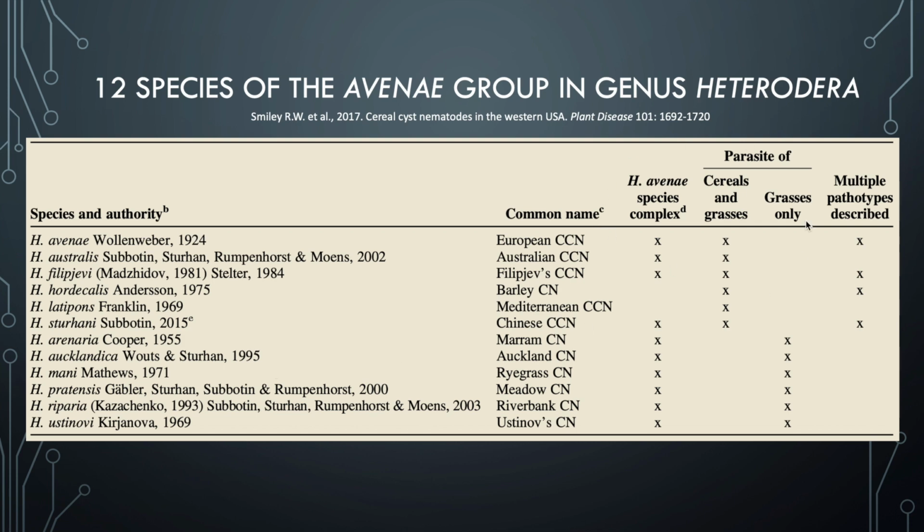As you can see here, some of these species affect cereals and grasses, and some grasses only, but not cereal crops. To further understand this table and how the Heterodera species are divided and their economic impact, you can have a look at this interesting plant disease publication called Cereal Cyst Nematodes in the Western USA.